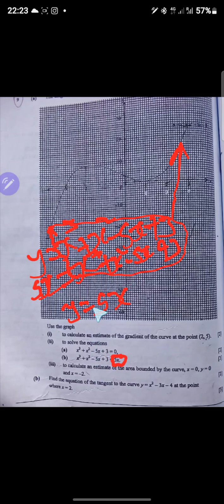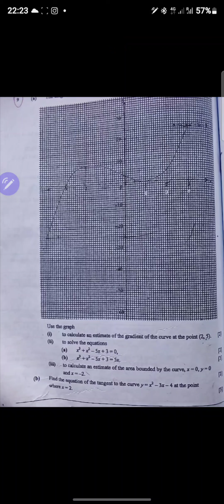Now how do you find the solution for this one? This one is also similar to what we are doing, and simple. So what you do, you write a table. You put x, y. So using this equation, y is equals to 5x.